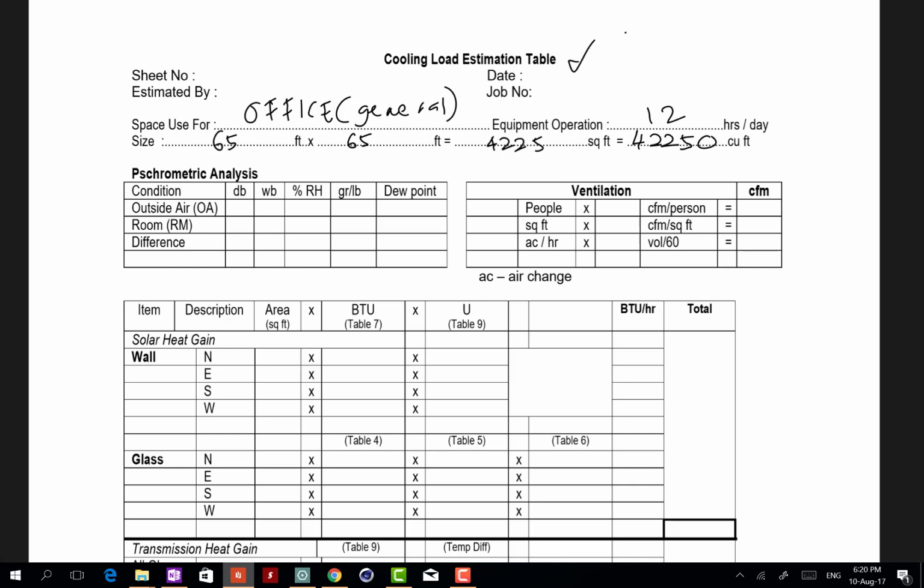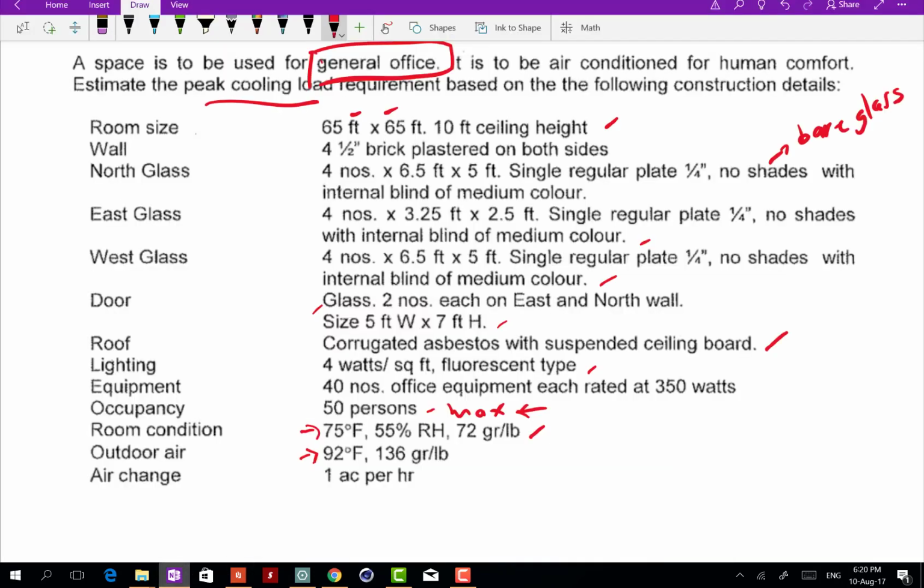And then we need to fill up the psychrometric analysis for the outside air, room and also the difference. From the problem, the outside air is 92 Fahrenheit and the specific humidity is 136 grain per pound.